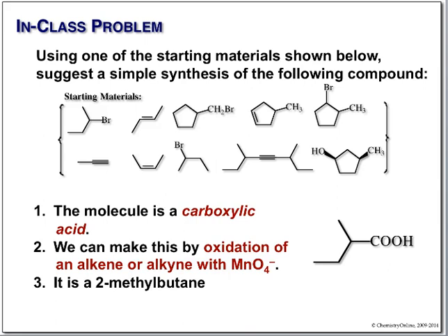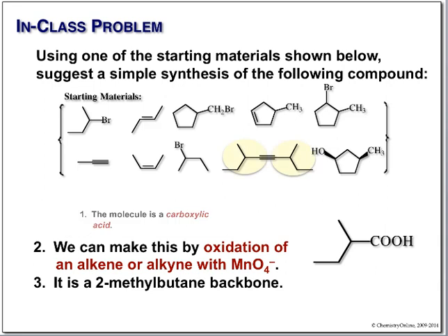So we're looking for a 2-methylbutane backbone. So 1, 2, 3, 4 carbons is a butane with a methyl group out here. This carbon was either part of a double bond or a triple bond. We only have one possibility, and it's this guy.